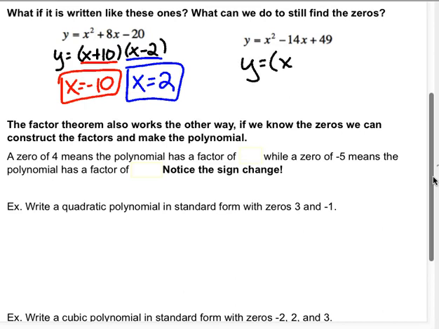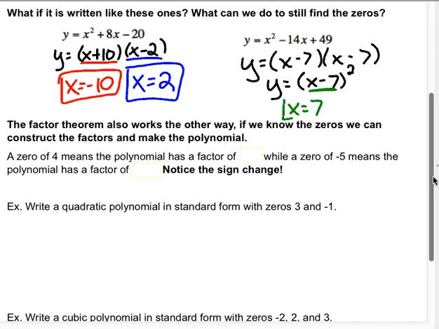Here, this would factor into x minus 7 times x minus 7. And now again, we can get really fancy and call that x minus 7 squared. So what would make that equal to 0?